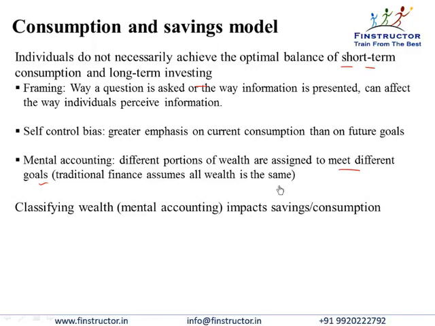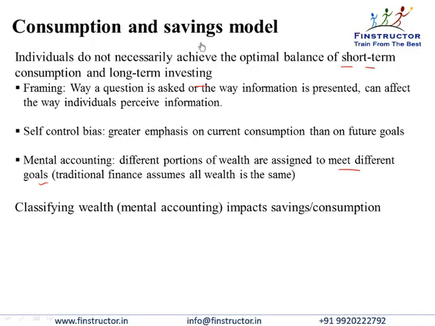So we create different portfolios, each of them designed to meet a specific goal, and the correlations amongst the portfolios are often ignored. So portfolio construction doesn't happen in the traditional finance way that says that all wealth should be looked at as one and correlations must be considered to find the optimal risk-return trade-off.